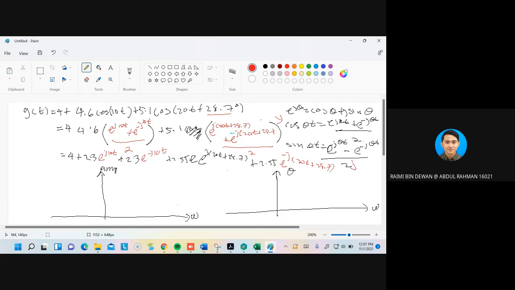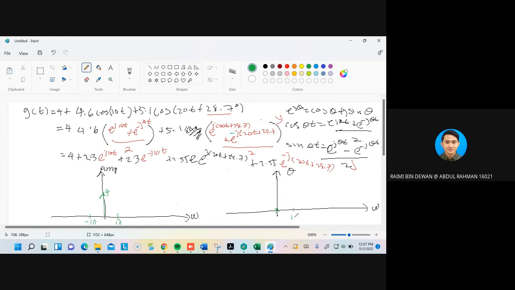Now for amplitude, at zero angular frequency, it is 4, and it is here for 0. Next you have 2.3 at 10, so you have 10 here, then you have negative 10.